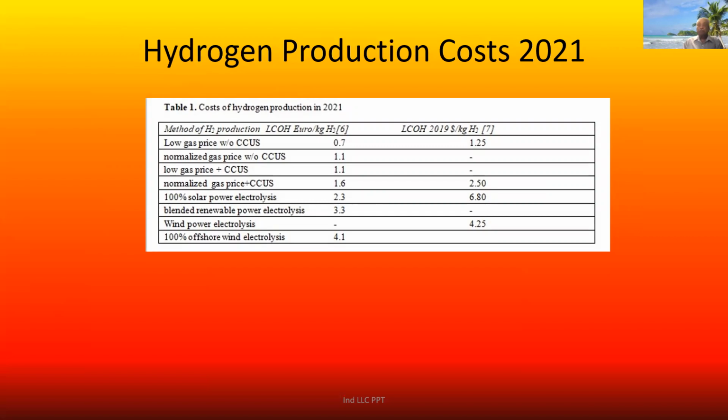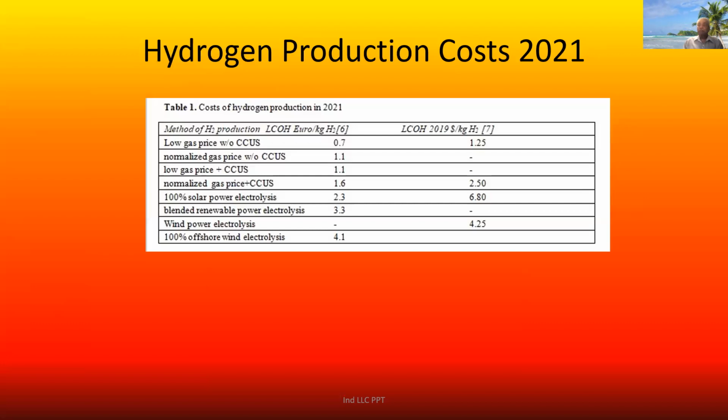We have presented the cost in euros per kg of hydrogen or dollars per kg of hydrogen. Here, instead of talking in million BTUs of hydrogen, we're talking kgs of hydrogen. The main reason for it is that recent transportation fuel cell vehicles require at least 5 kilograms of hydrogen for every refueling.